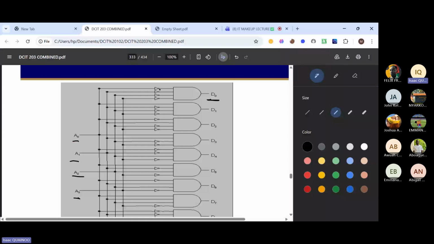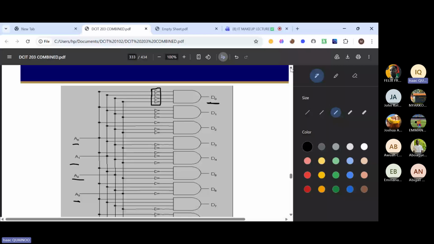You can see that all these are inverted. You can see them here. So you can trace this to the inverted values of your input, which is A, B, C, and D, which corresponds to A prime, B prime, C prime. And the type of gate is an AND gate, right? Because all those terms are product terms, so we use AND gates.